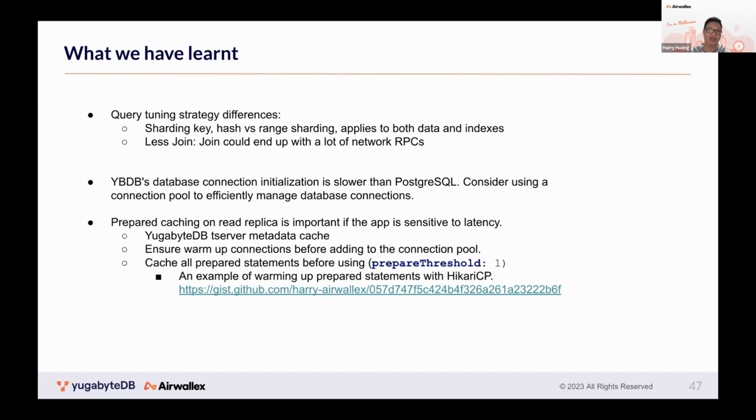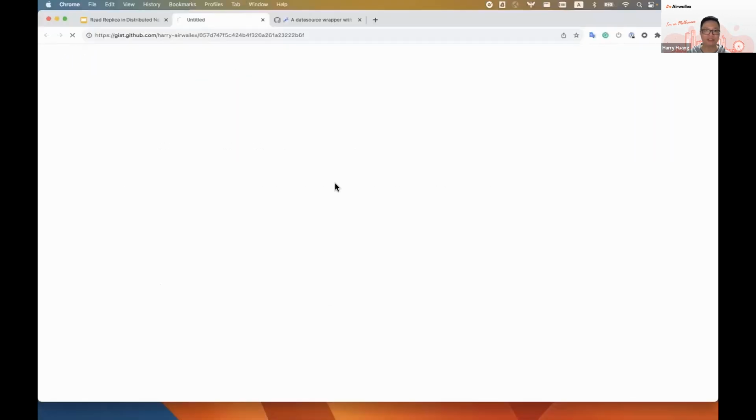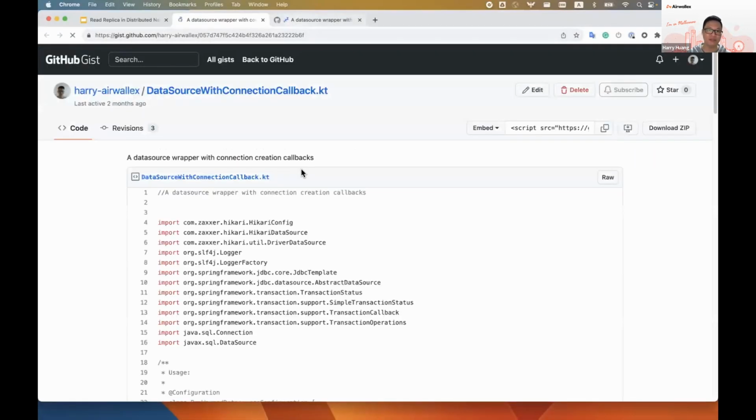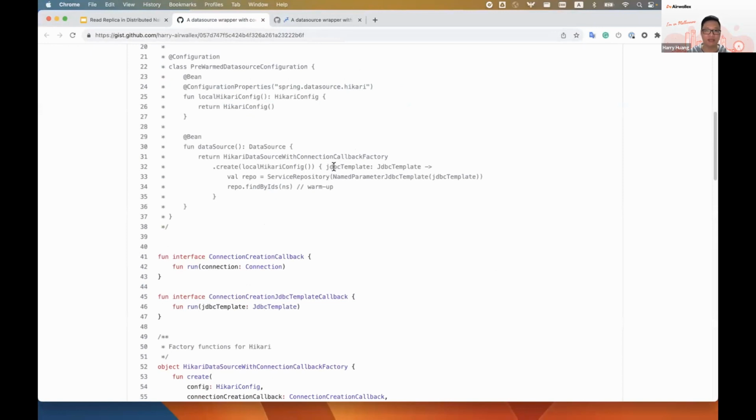So if you are interested, you can go to the link to have a look at the example I put together. Basically, it shows how to utilize another connection as a parameter to initialize the Hikari data source in order to bypass the prepared statement caching.